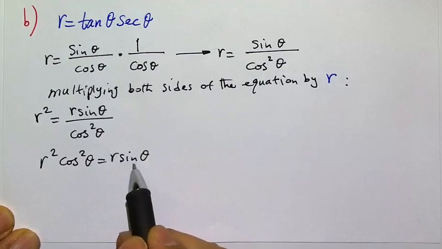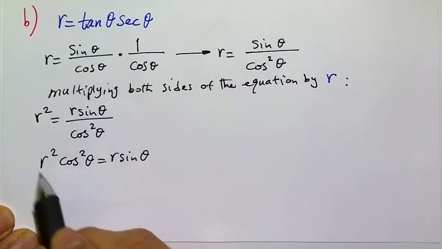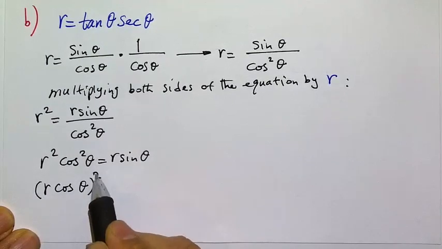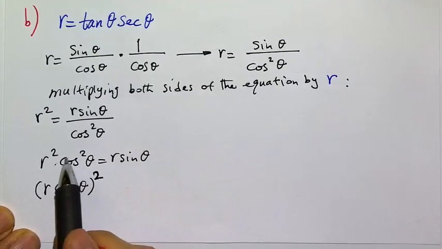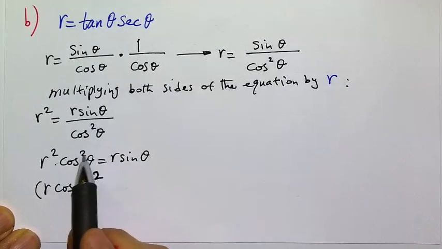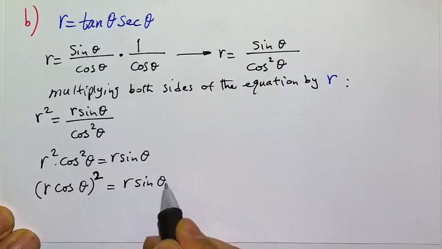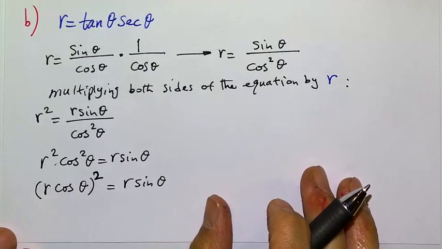So this side is okay, but this side is not. But there is something we can do. We can write r cosine theta squared, putting the exponent on the outside because it's equal, and then set that equal to r sine theta.